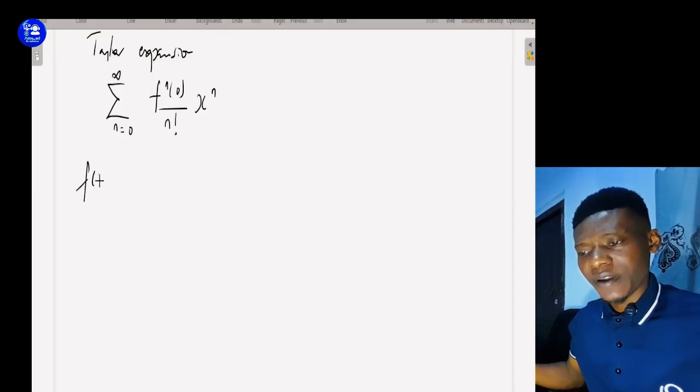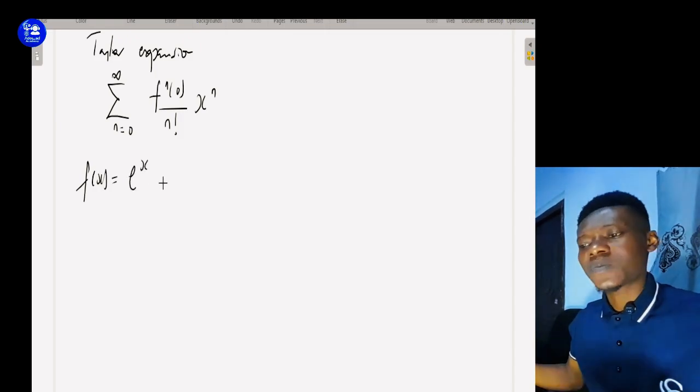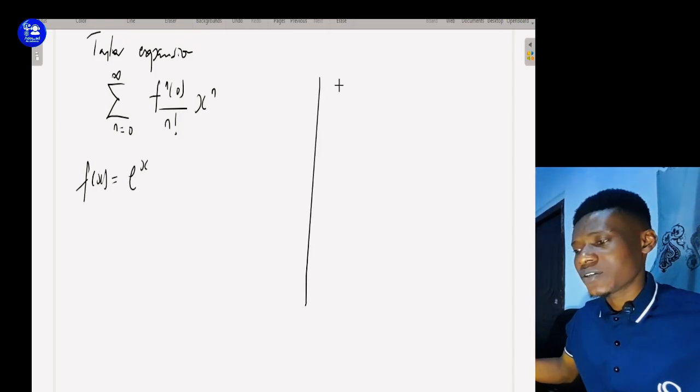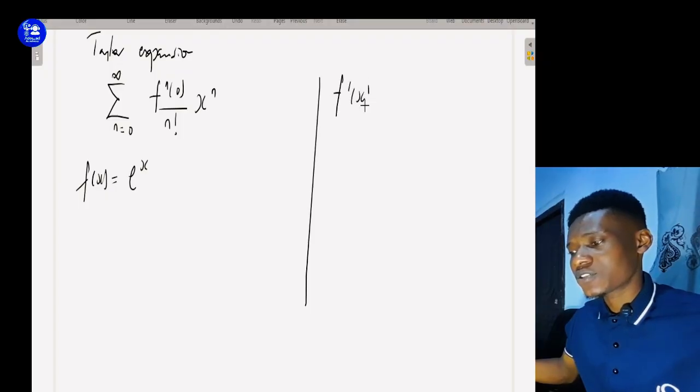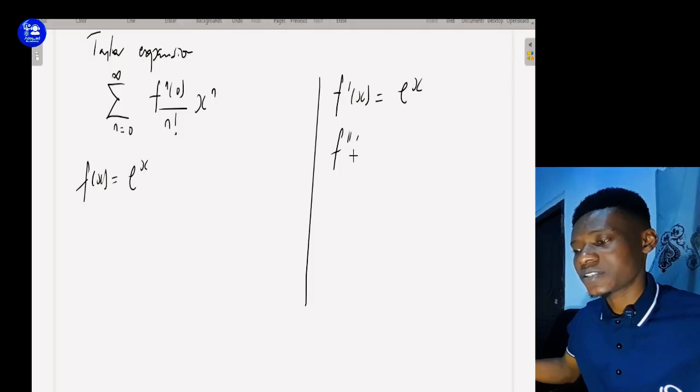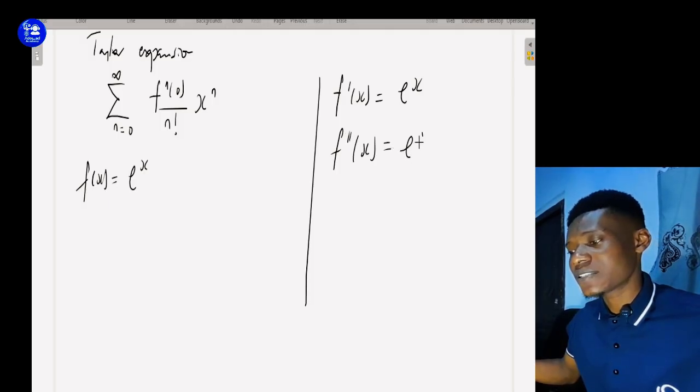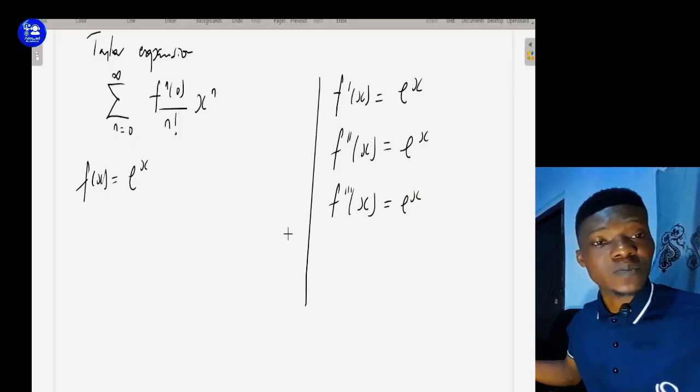So for example, let's say we have a function e raised to power x. How do you expand it in this form? Differentiate the function, which is still e raised to power x, differentiate it further, which is still e raised to power x. When you differentiate it again, that is the third time, it's still e raised to power x.